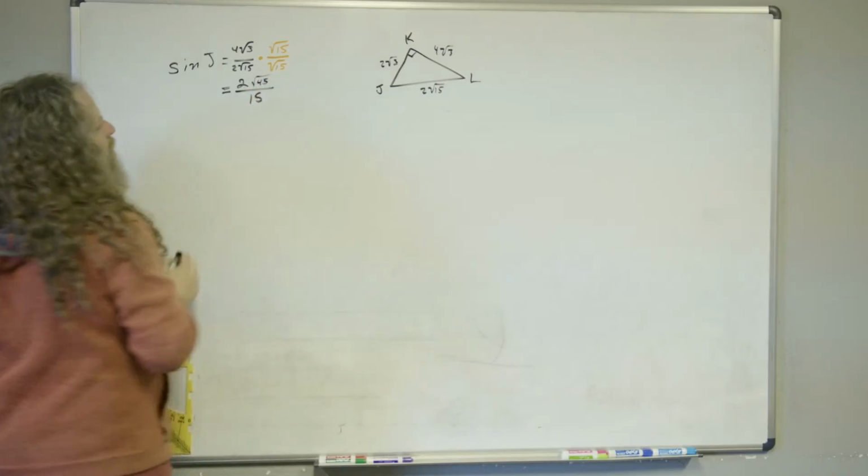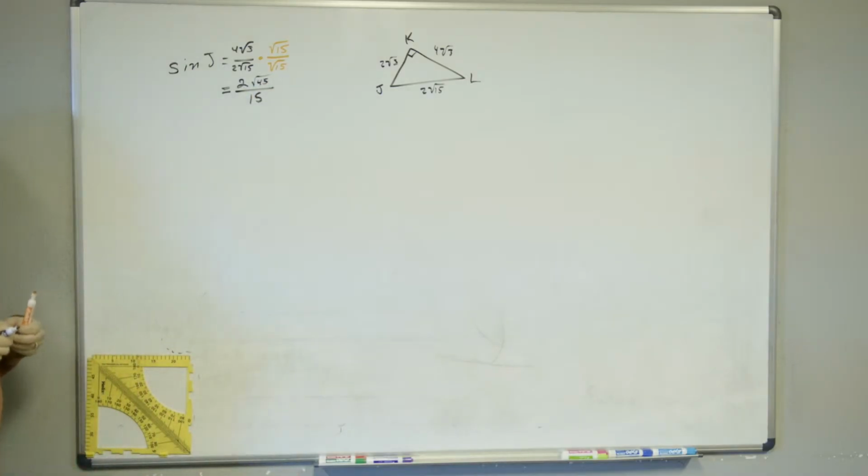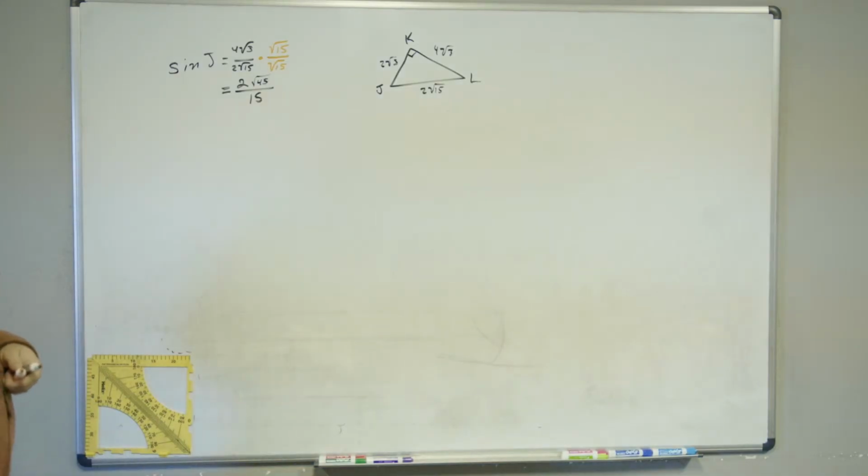Are there any perfect squares inside of 45? Okay, what are they? Or what is it? 5 isn't a perfect square. What are the perfect squares?